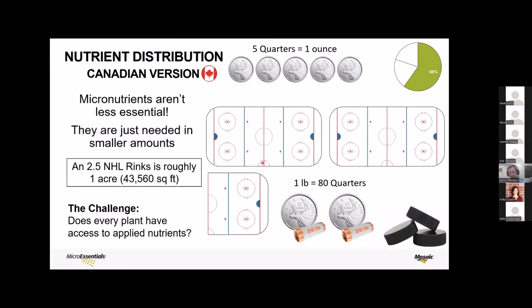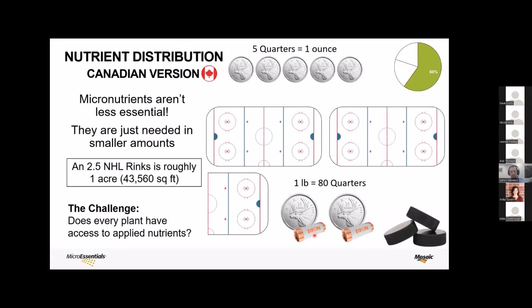New crop nutrition lead Taylor Prucker and I came up with this distribution in an acre of hockey rinks. So 2.5 hockey rinks is the equivalent of 1 acre. If you think of 5 quarters equaling an ounce, to make 1 pound of micronutrient is going to take 80 quarters. And of those 80 quarters, it just so happens that a roll of quarters is 40.